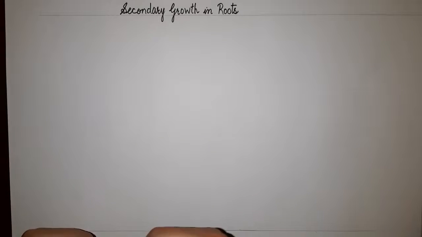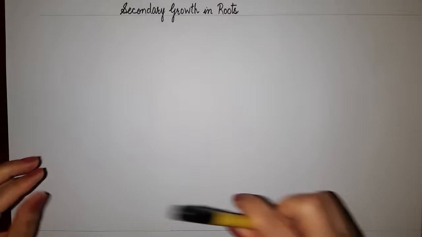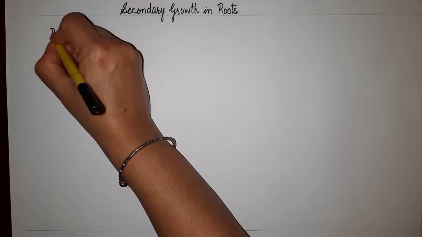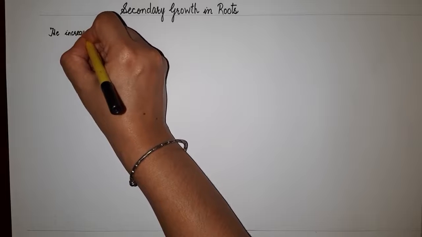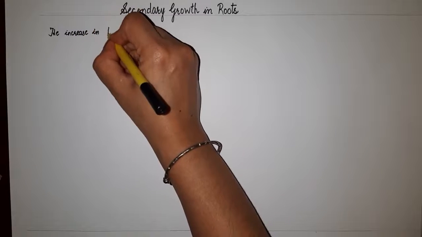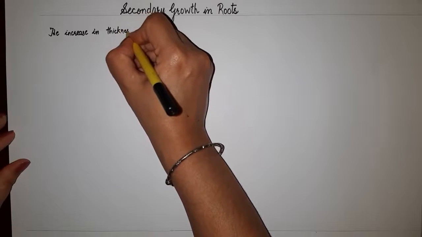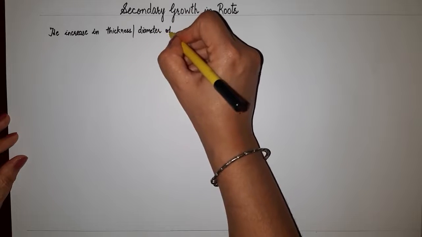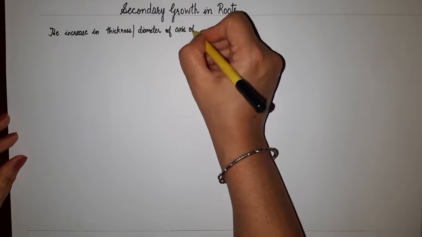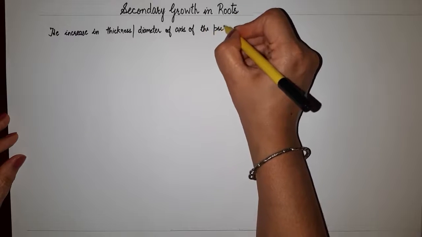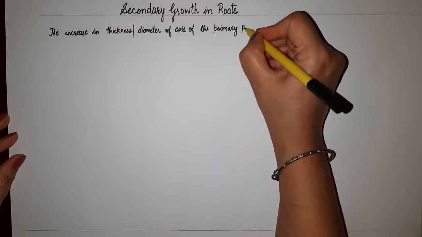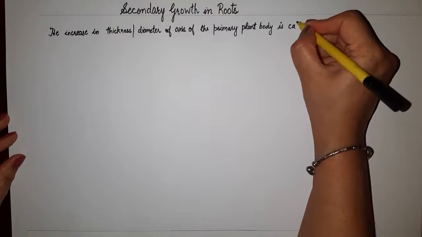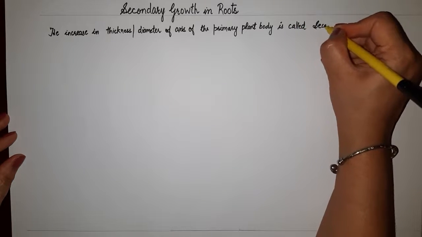Today we are going to discuss the topic secondary growth in roots. Okay. So what is secondary growth? The increase in thickness or diameter of axis of the primary plant body is called secondary growth.